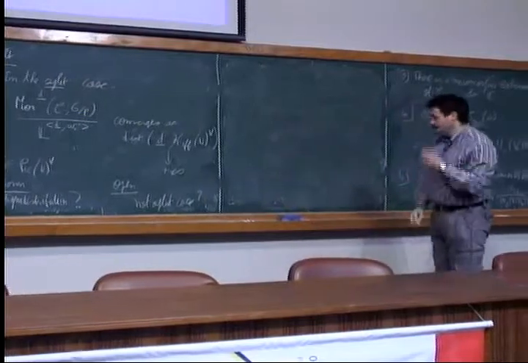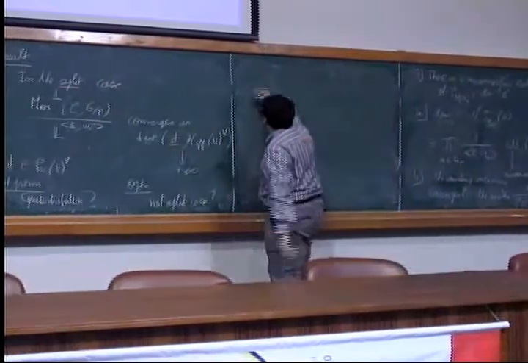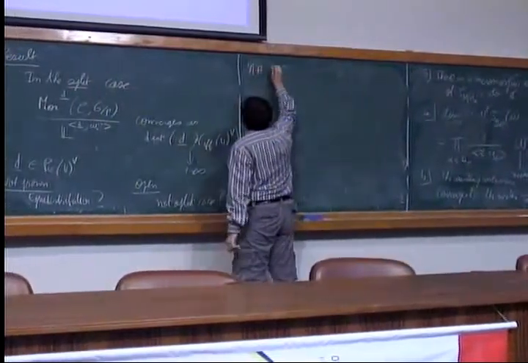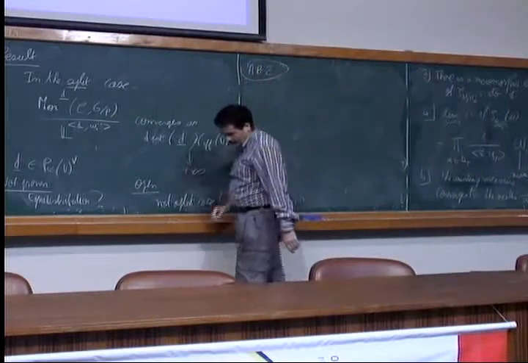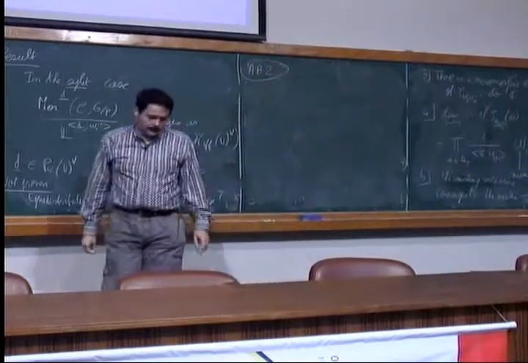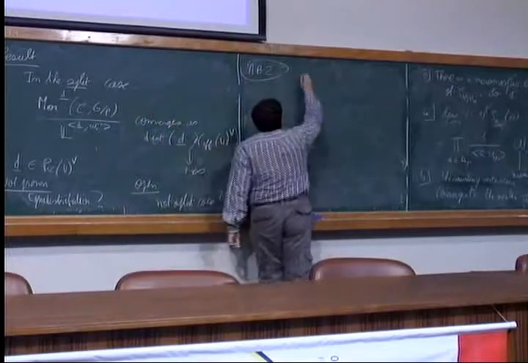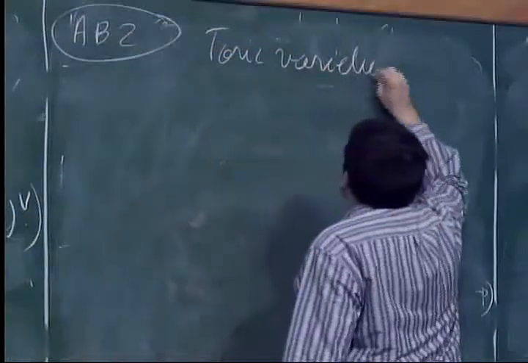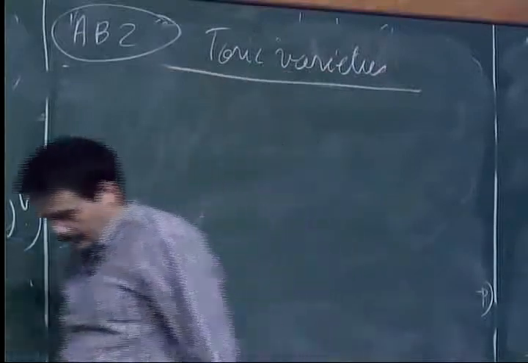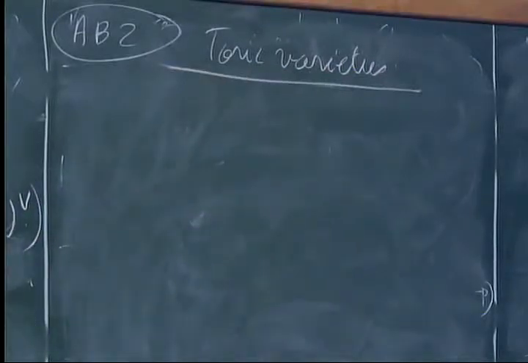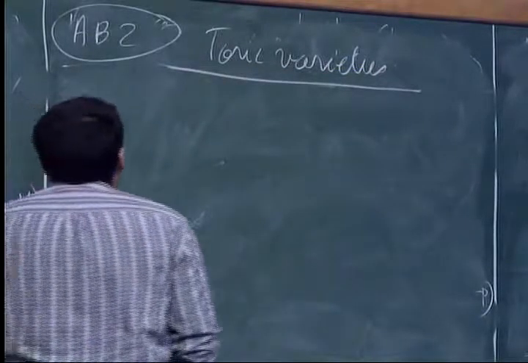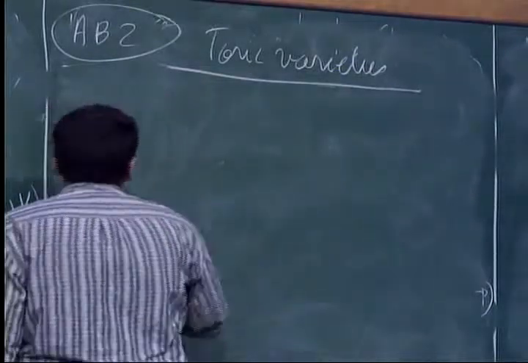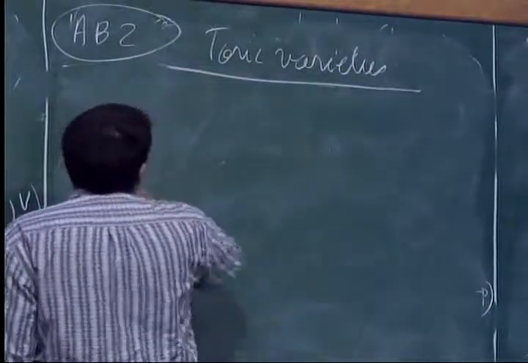Well, let me finish with another case where a lot is known, namely toric varieties. Well, for toric varieties, what was proven? So toric variety, what is it?